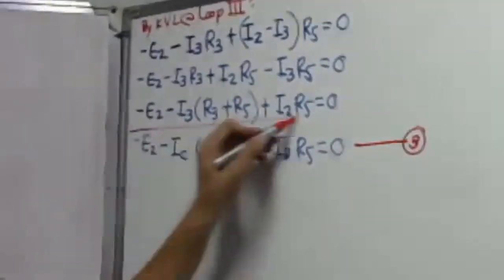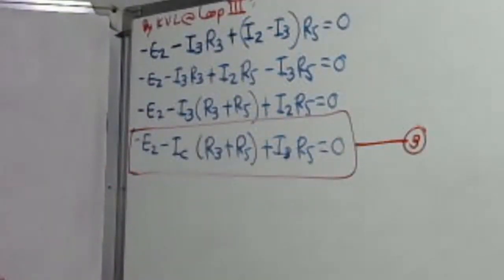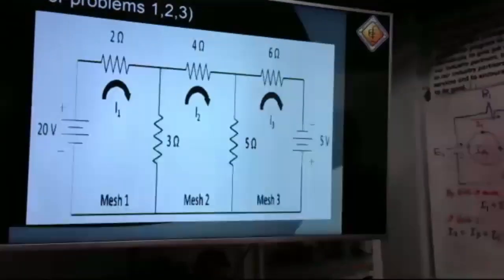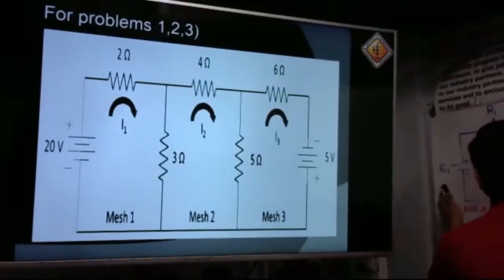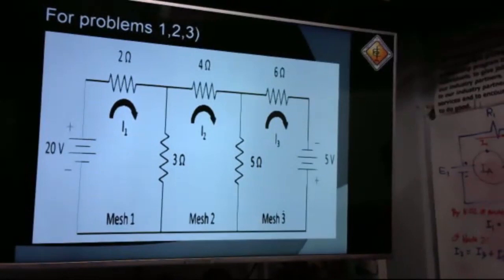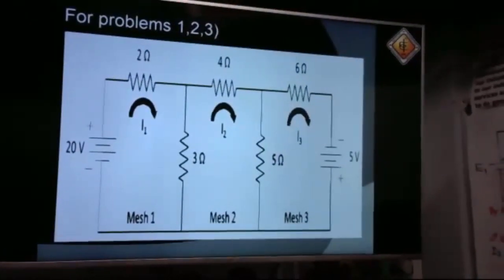Okay, we can't understand this easily until we give a sample problem. Let us have a sample problem. Actually, we just have the same circuit figure, except that our E sub 2 here is reversed.